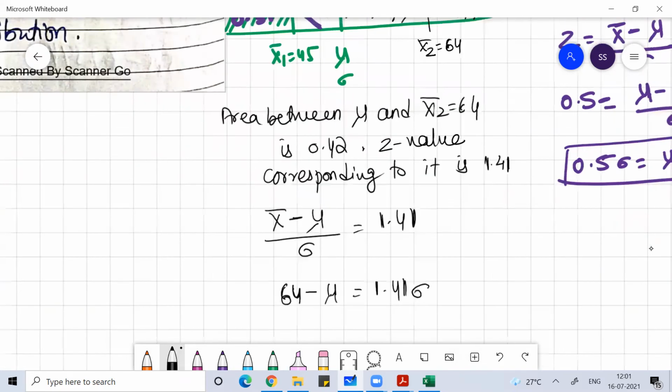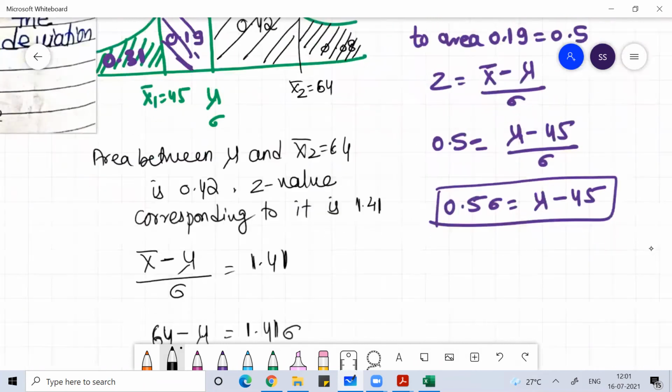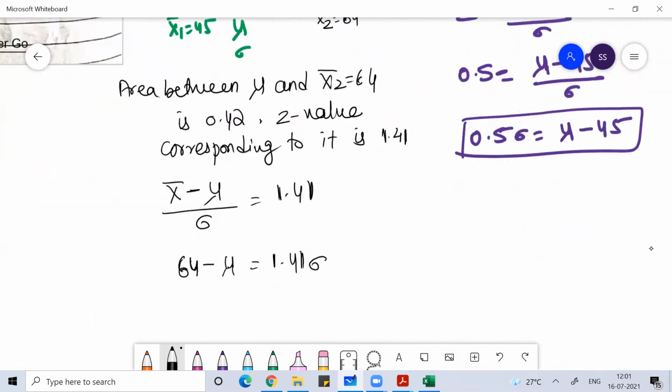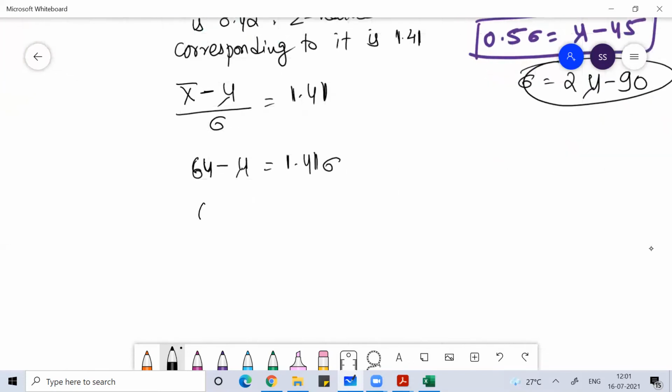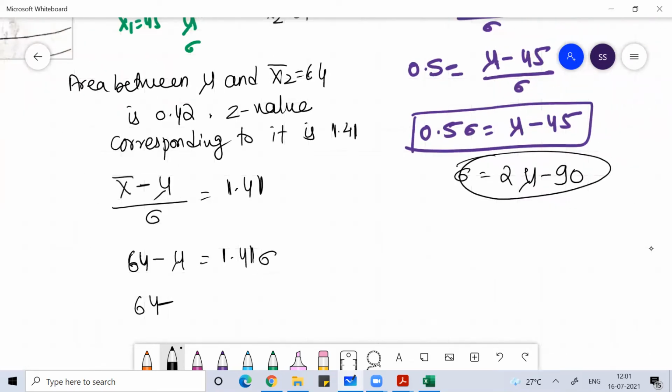Okay, so now you understood. Now the first equation, what was the first equation? In the first equation, I can write sigma is equal to 2 mu minus 90, or 0.5, I can write 1 by 2, I can write 64 minus mu. So mu would be 0.5 sigma plus 45.